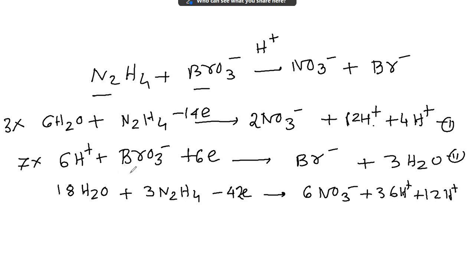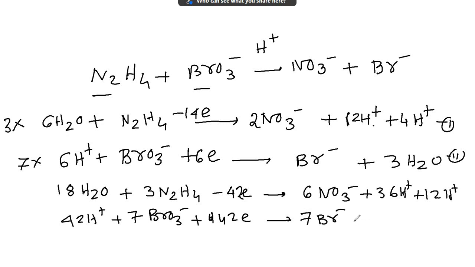In this case what we are getting, it is 42 H plus, 7 BrO3 minus plus 42 electrons gives you 7 Br minus plus 21 H2O.